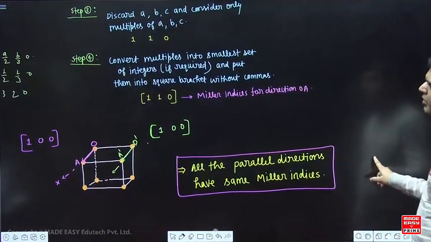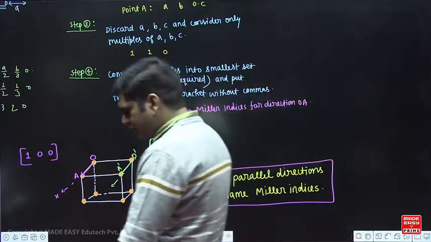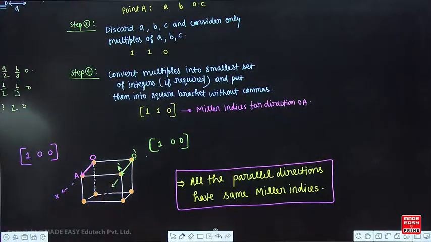So, it is basically a method to name the directions where you have to follow certain steps. Yes, Giri, I told you Miller indices is a way to name the directions. We need to follow a certain set of rules and hence we get the nomenclature for each direction.